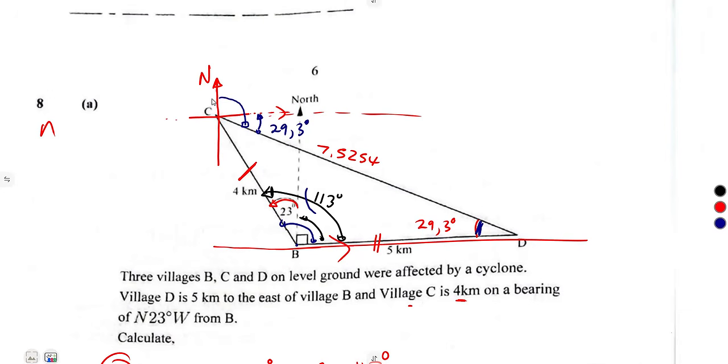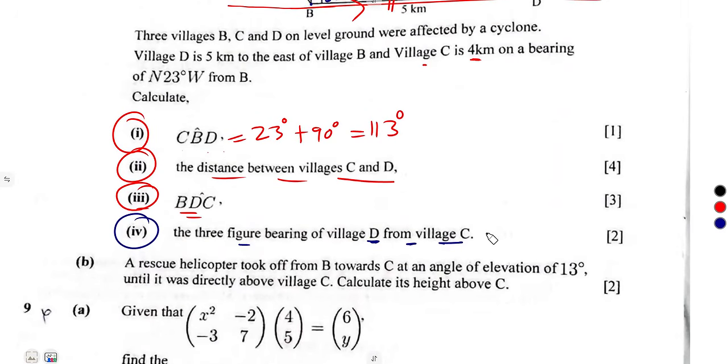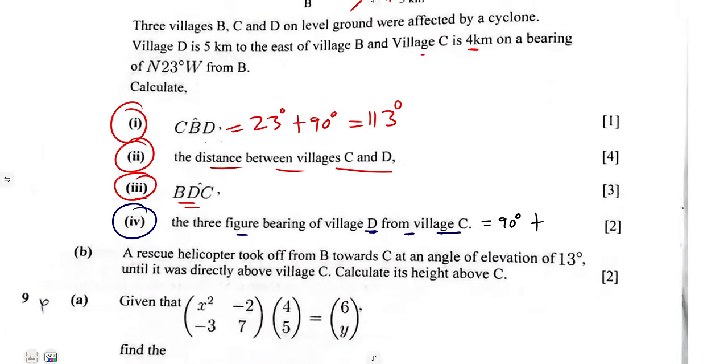So the angle representing the bearing is the whole part of the 90 degrees here from the north and east, and this 29,3. You simply combine these two. That's the whole angle that is indicated there. So you simply need 90 degrees plus the angle that we are given of 29,3.